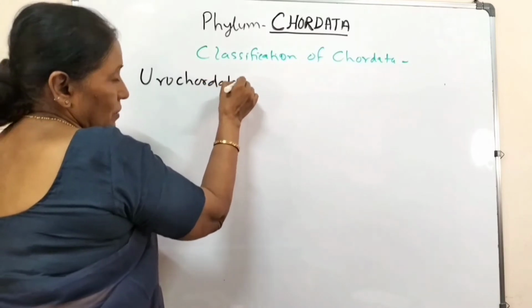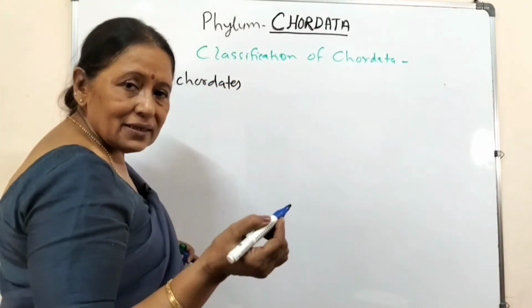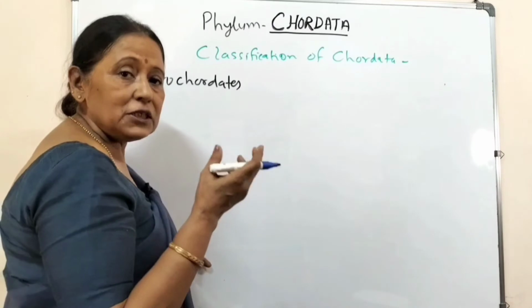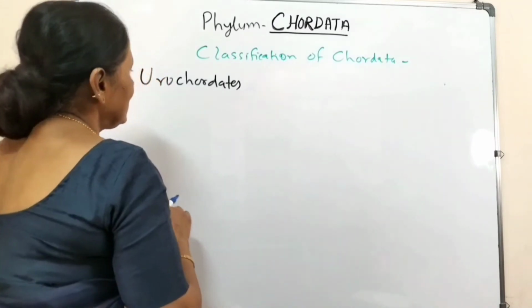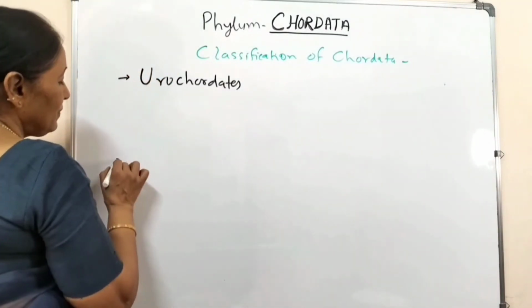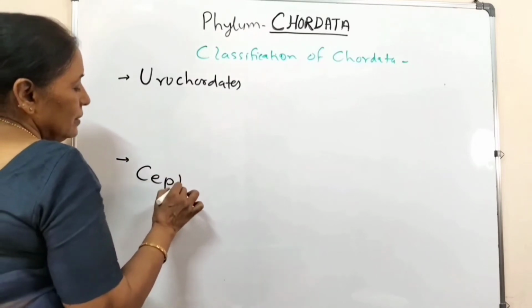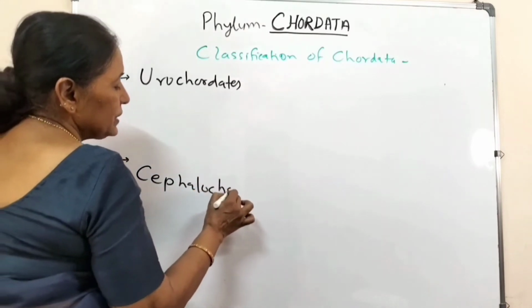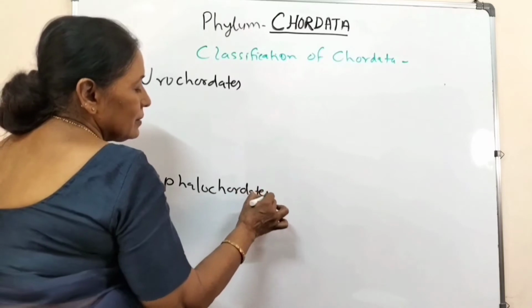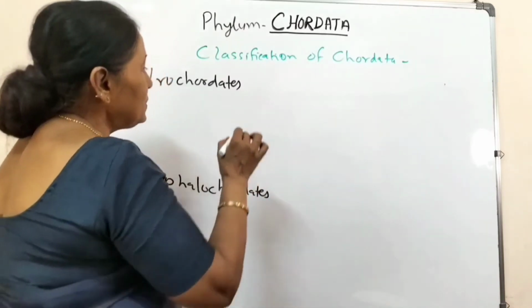Urochordates, or we call them tunicates, have the notochord present only in the larval stage, and the cephalochordates have the notochord present throughout life.